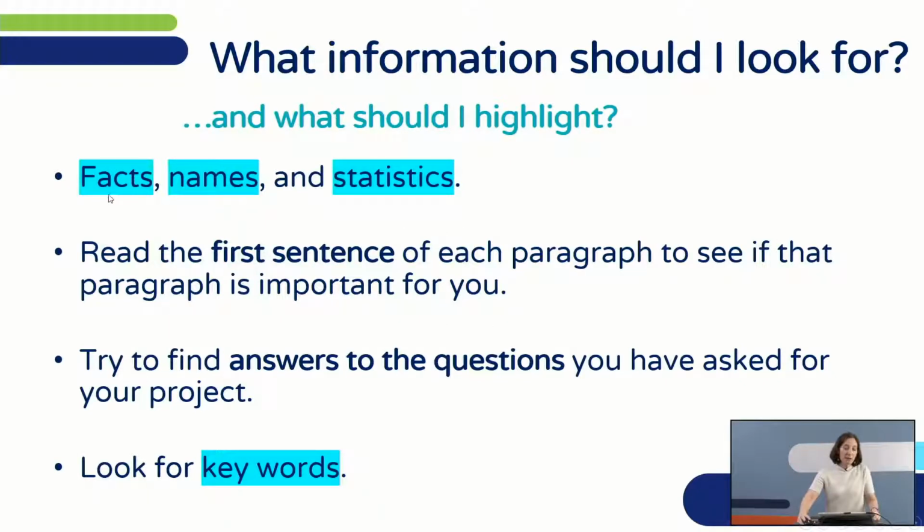You need to look for facts, names, and statistics. A lot of times, statistics are numbers. When you see things like that, most of the time, you can highlight them because you know they're telling you something important. Not always, but lots of times, names and numbers and facts are what's important.